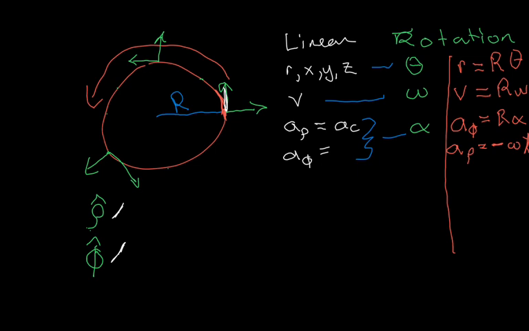Let me remove that. That is not a good place to put that. Let's put it somewhere more useful because you can't see that. Let's try that again. So that a centripetal piece is actually going to be equal to negative omega squared r.